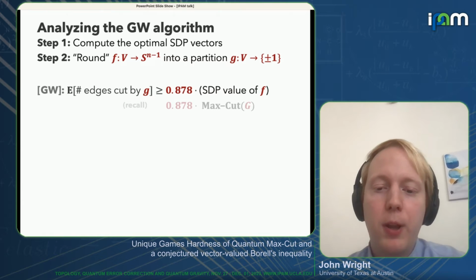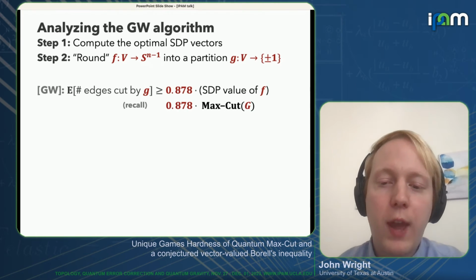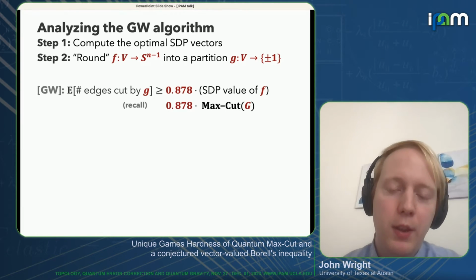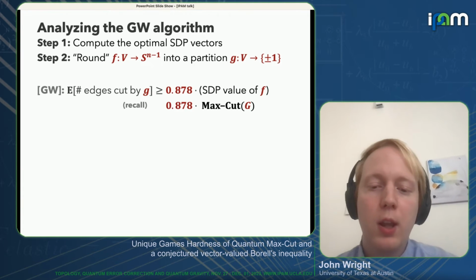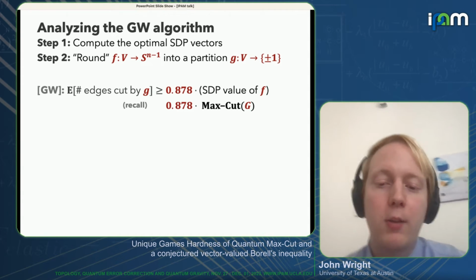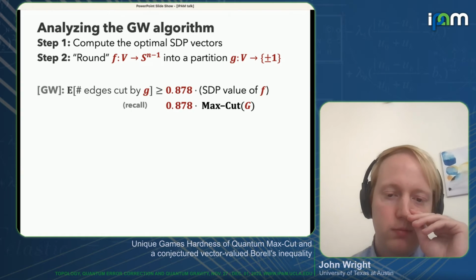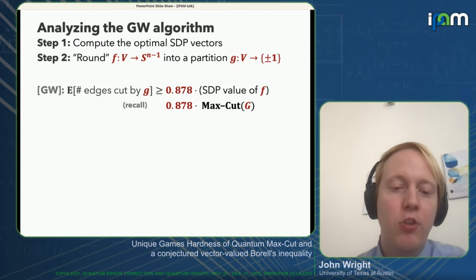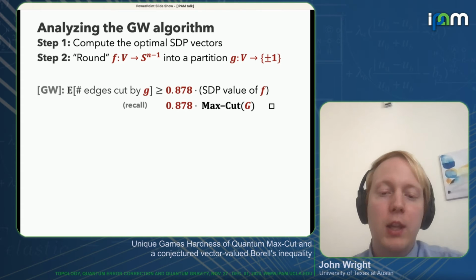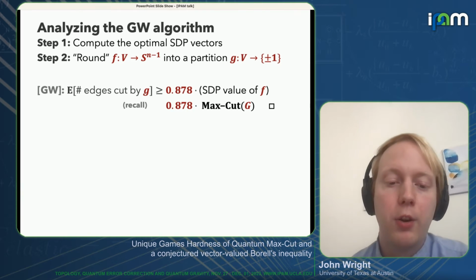There should be an equal sign, but recall that the SDP value of f, for an optimal SDP assignment, is always at least the maximum cut in the graph G. So the expected number of edges cut by g is always at least 0.878 times the maximum cut in the graph.